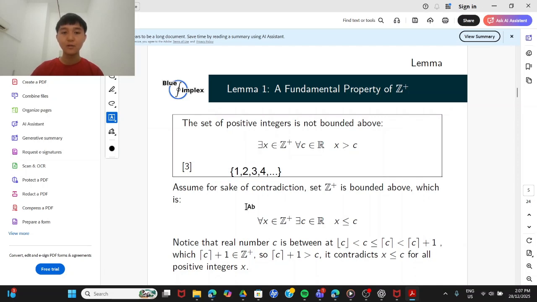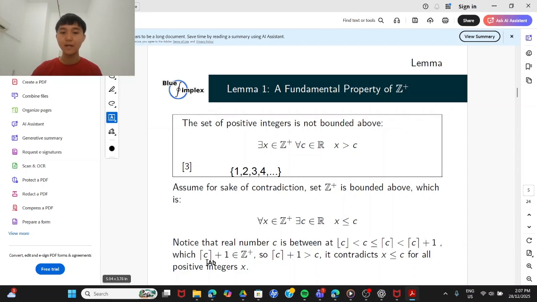How can I prove it? Using a proof by contradiction. Assume that the positive integer set is bounded, such that there exists a real number c such that for any positive integer x, x is smaller than or equal to c. Then using the ceiling and floor functions, notice that c is between floor c and ceiling c, and ceiling c is smaller than ceiling c plus 1.